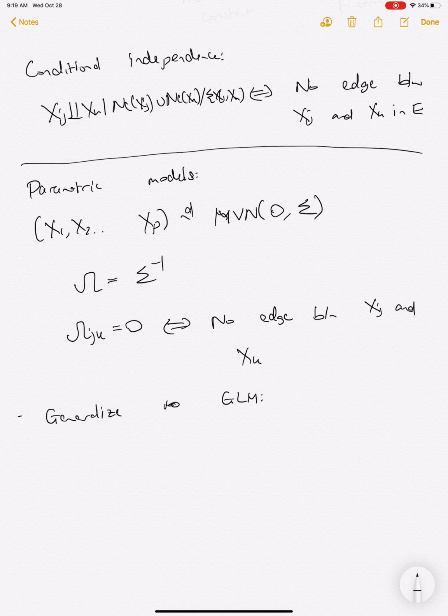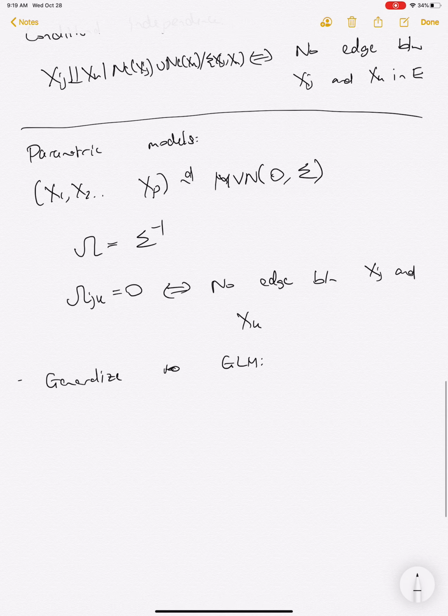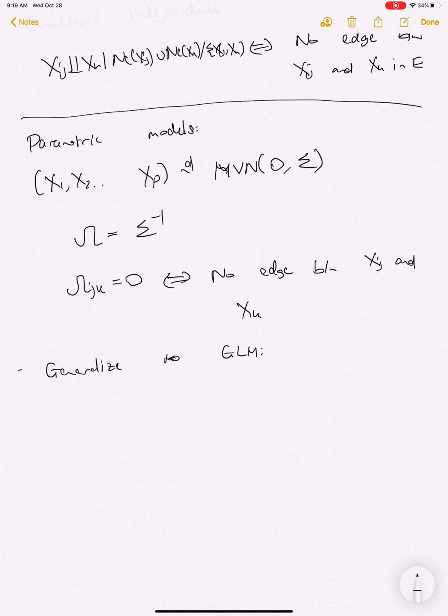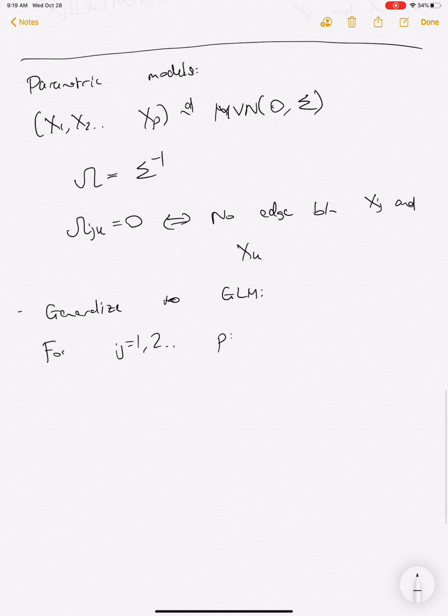But it's hard to say how that relates to the potential functions and the normalization constant in the overall factorization. So if we wanted to generalize to GLMs, you can just say that for j equals 1 to p, it's again very similar to what we saw for DAGs, but now the parents are replaced by neighbors.